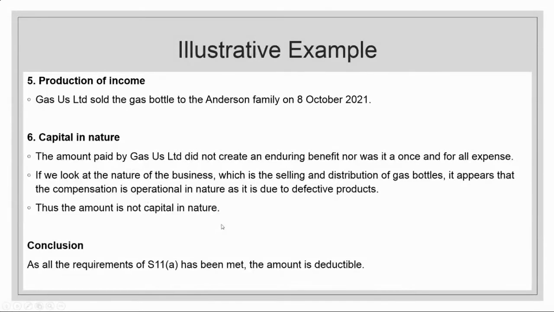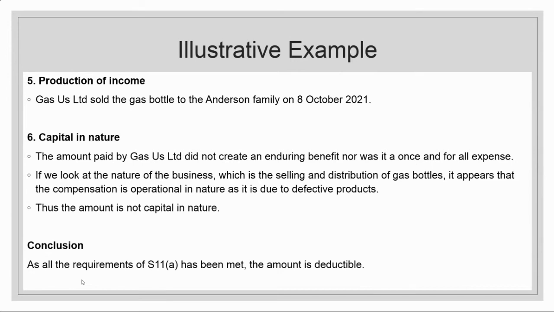If we look at the nature of the business, yes, we do have a risk that there might be defective products due to the nature of our business. So for that reason, it is not seen as capital in nature. And then the conclusion is, because we've looked at all of these components, it does actually meet all the requirements, so we are allowed to deduct that expense that we've incurred for the compensation of damages.